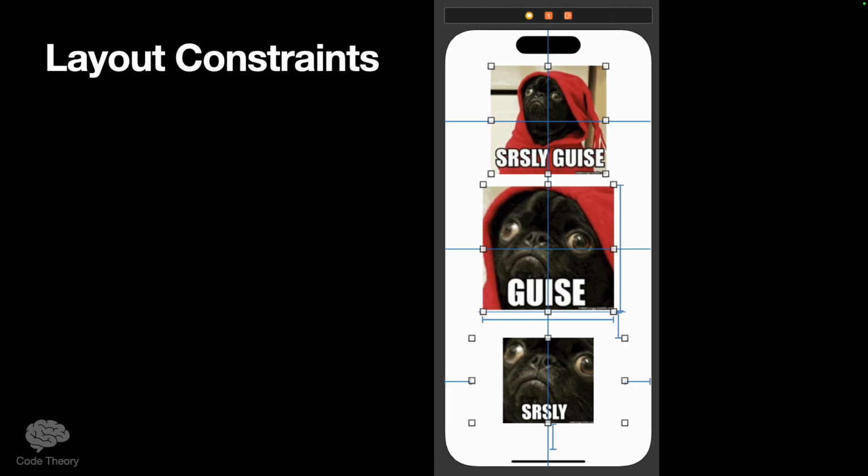So views in UIKit get laid out to the screen and rendered in particular ways. There are a few ways that you, as a developer, can make sure that your views show in the order that you want them to. What you can see here is something called layout constraints, or auto layout.